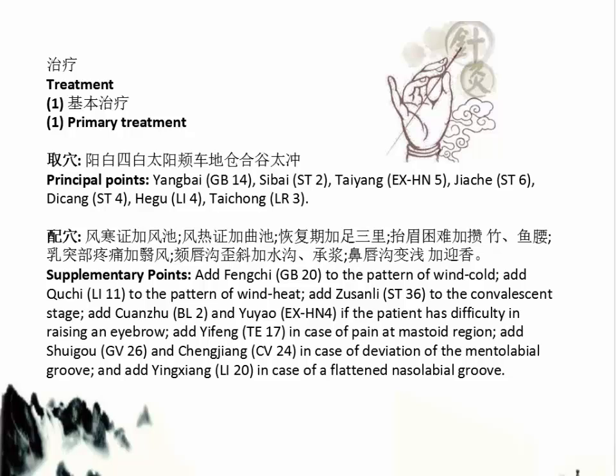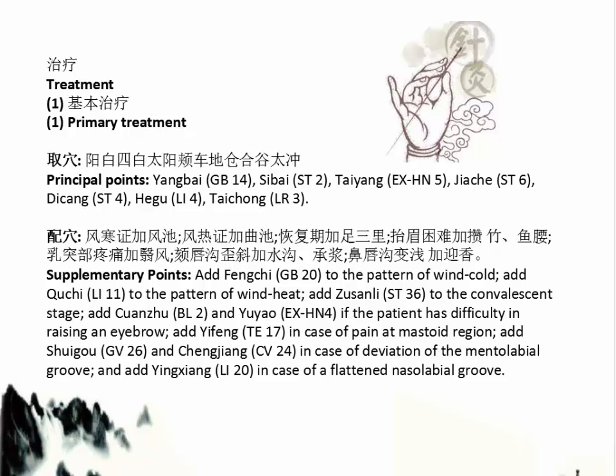Hegu, Li4, because face, Yangming, moves qi, expels wind. Liver 3, why? It is the four gates, but because of the wind component, even though it's exterior, often liver 3 will be included, because of the propensity, like we were talking about with tinnitus.